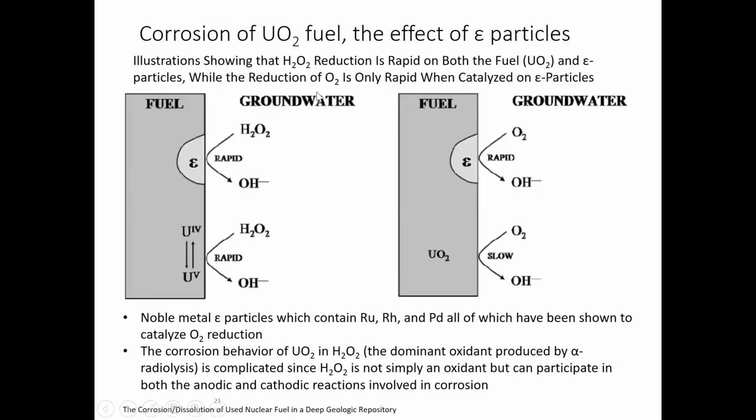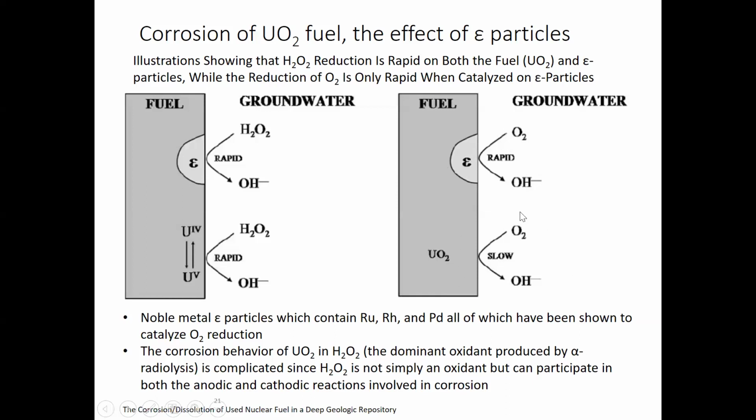The flip side of that would be for O2. O2 is another one of the radiolysis products we care about, and it can be produced in other ways that we'll talk about. It can also go through a similar catalytic reaction in which it rapidly reduces on the surface with epsilon particles. Importantly, this is a rapid process of reduction catalyzed by the epsilon particles, but the reaction with uranium oxide, in which you oxidize the uranium, is quite a bit slower.